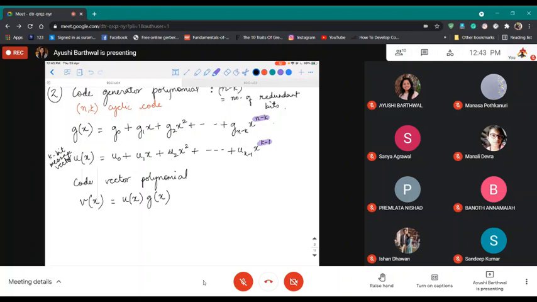Therefore the degree of the code vector polynomial would be the summation of the highest degrees of g(x) and u(x), so n minus k plus k minus 1, which is n minus 1. And we have mentioned the same degree while writing the polynomial of the code vector.